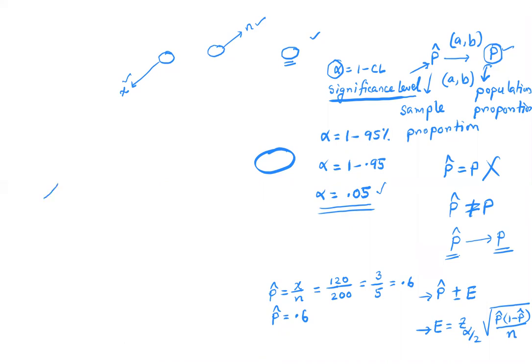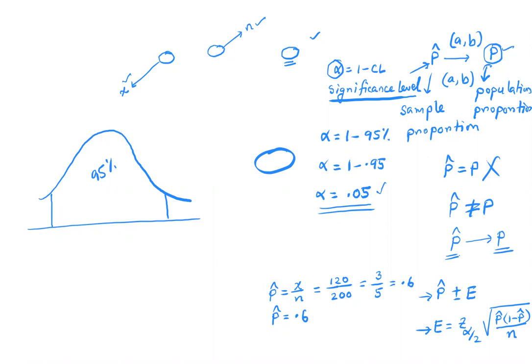So what does all this mean? You're 95% confident that you're going to be creating an interval that contains the population parameter, and there is a 5% chance that the interval you create is not going to contain the population parameter.